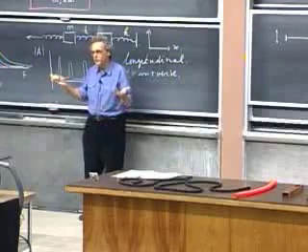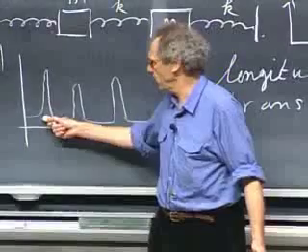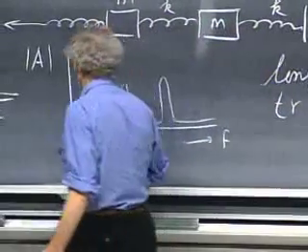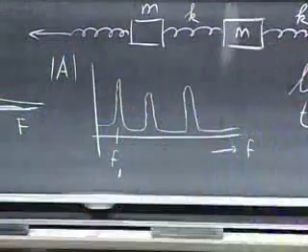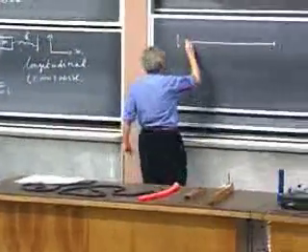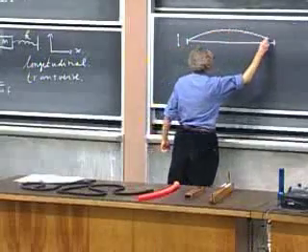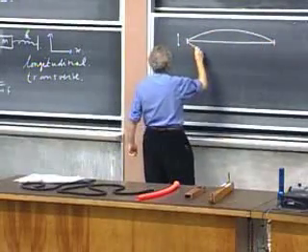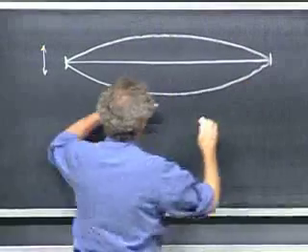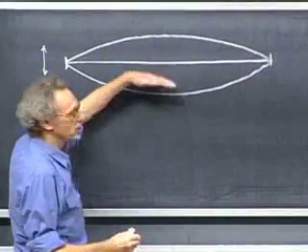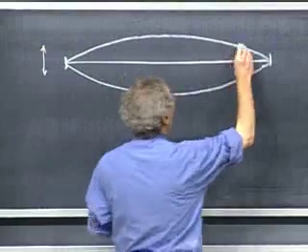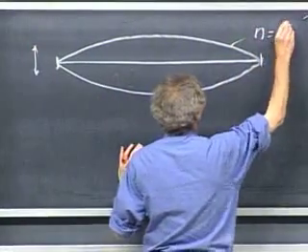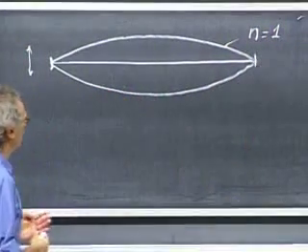But then when I increase the frequency slowly, I hit the very first frequency at which it likes to oscillate. I call that F1. The string will oscillate like so. It will go up here, and it will go down here. That's its first resonance, and I call this n equals 1, often called the first harmonic.